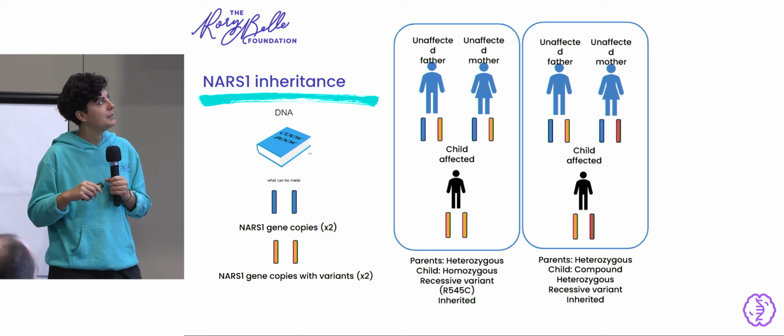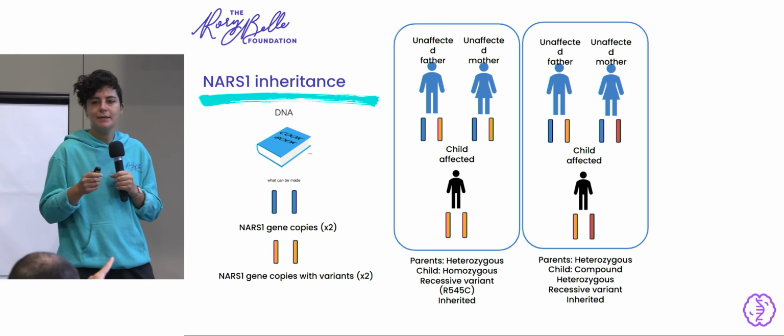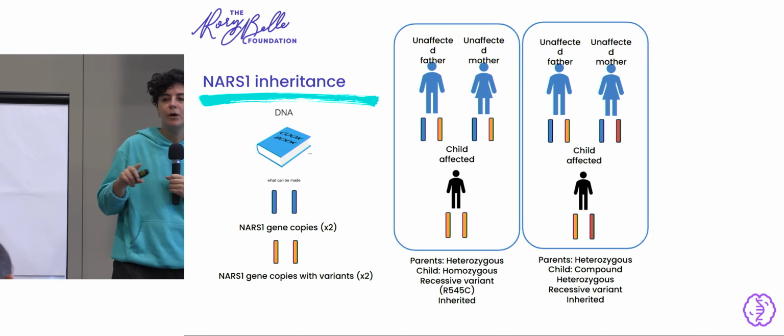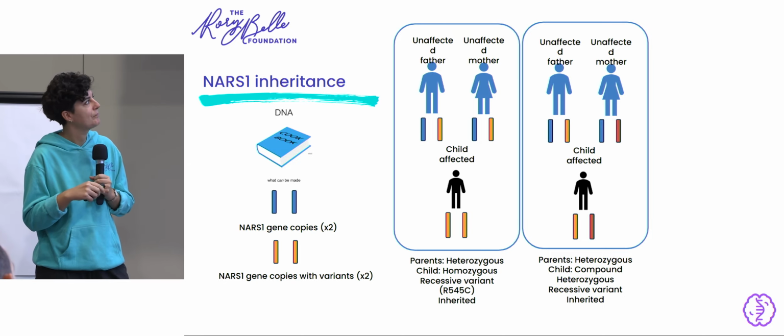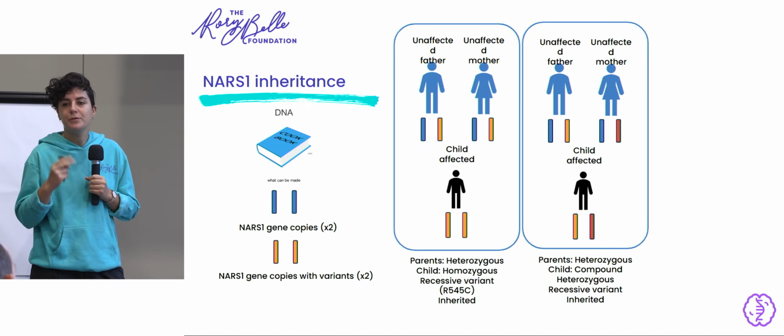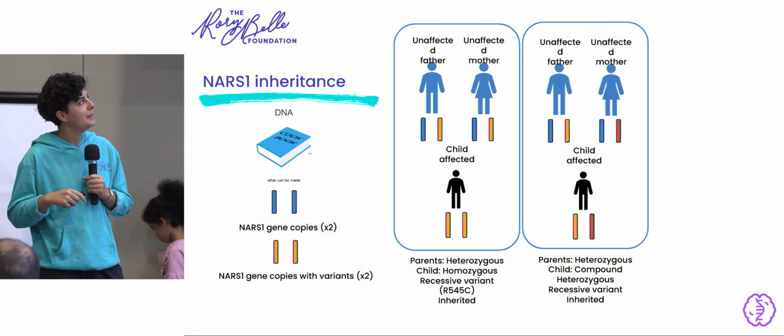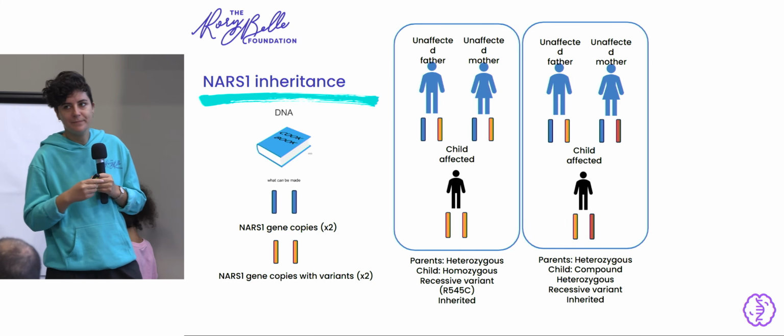And the child is not homozygous, but compound heterozygous, meaning that the two variants are different, but together cause a NARS1 disorder. This is also recessive because you need two variants in order to see a phenotype, and this is also inherited from the parents.